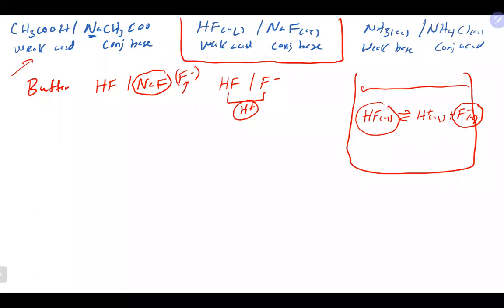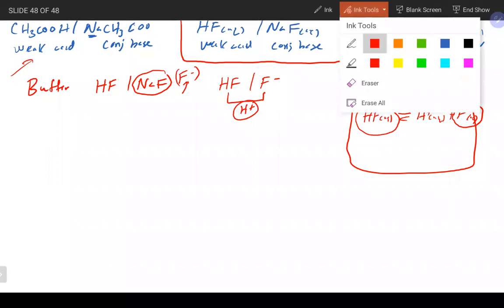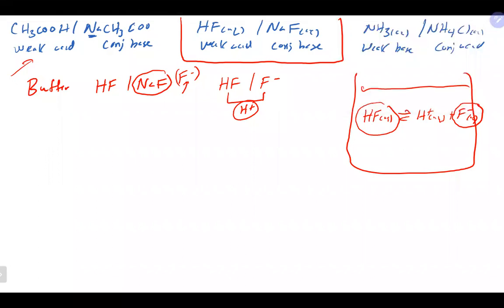And that means that in solution, we're able to keep both of those in there. We have the acid part of the buffer and the base part of the buffer. Both of those are in there in pretty good concentration. If you make a good buffer, you have them in there at good concentrations.